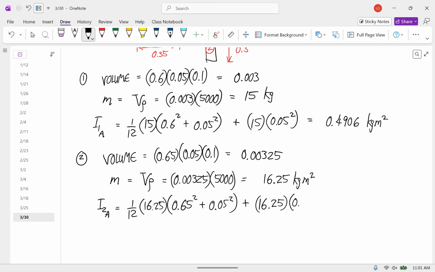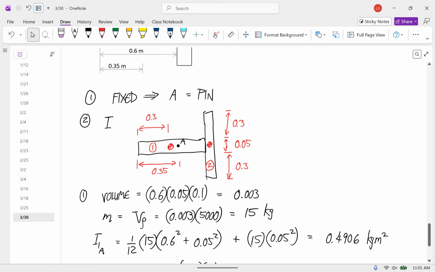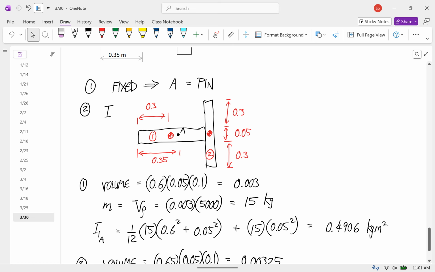Wait, how did you know it was 0.025? What did you say to get from that center of mass to the end? We know the width of this vertical rectangle is 0.05, and we know the center of mass of that vertical rectangle is in the middle.